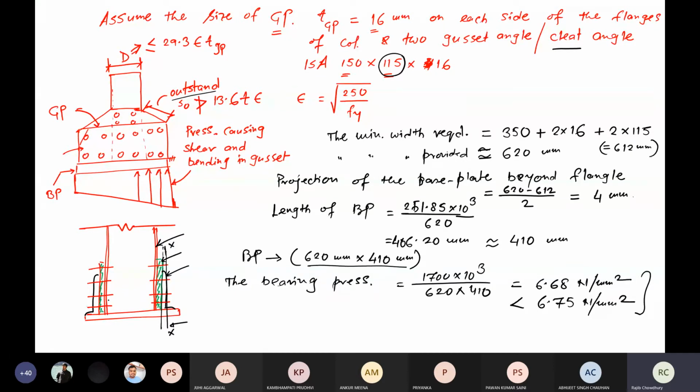I could go from here to the other portion also. So if it is like that, this XX is going to be considered as the critical section of the base for the bolted gusseted base.